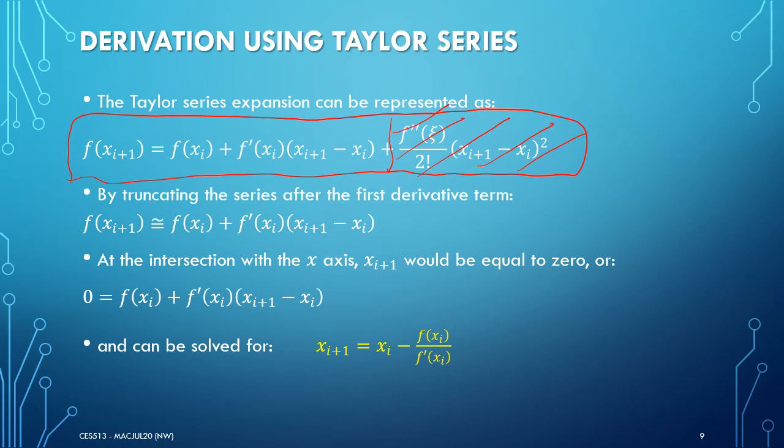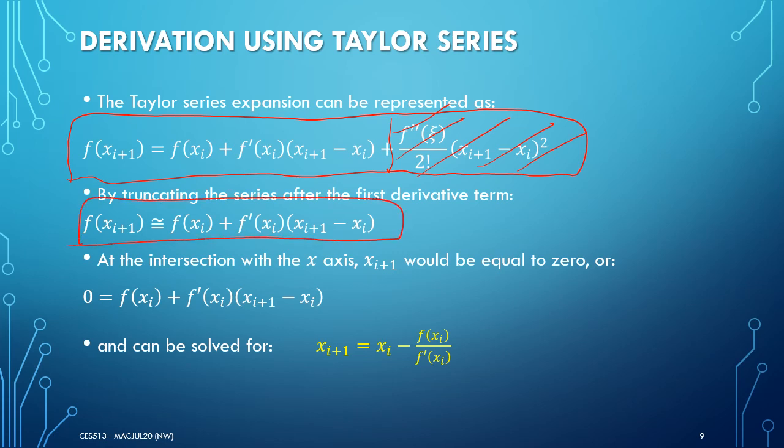Then the equation will be f(x_(i+1)) equal to f(x_i) plus the derivative f'(x_i) times (x_(i+1) minus x_i).